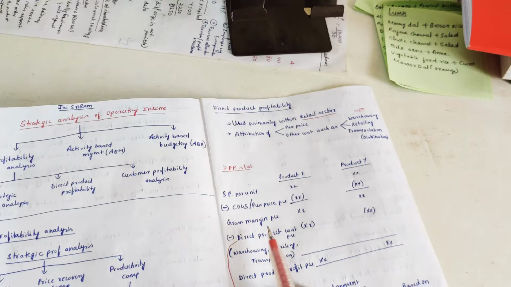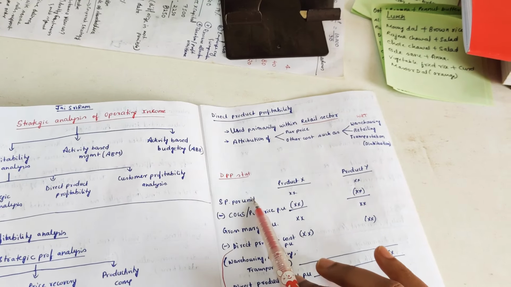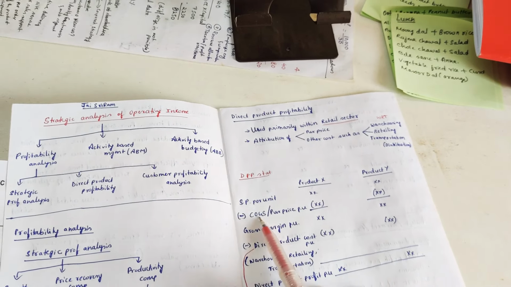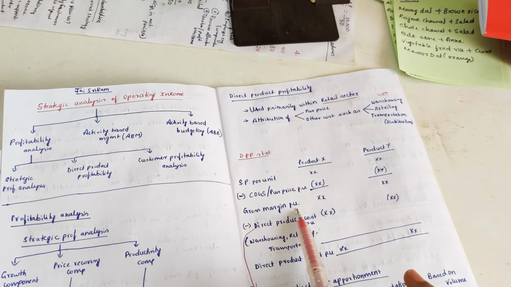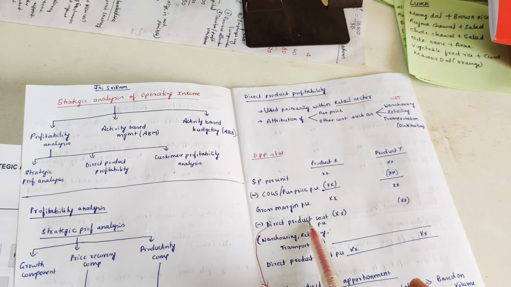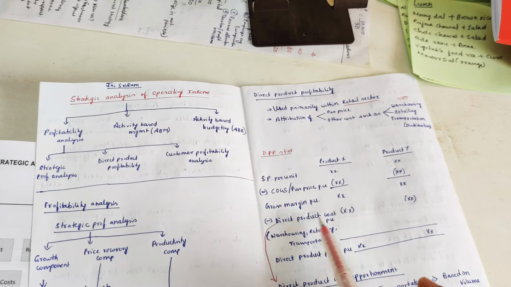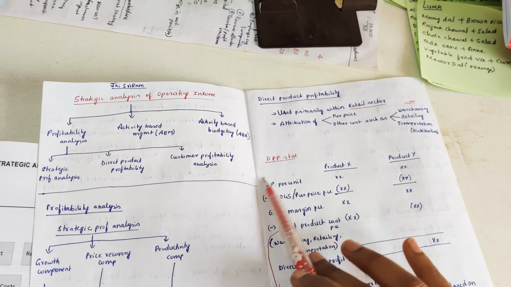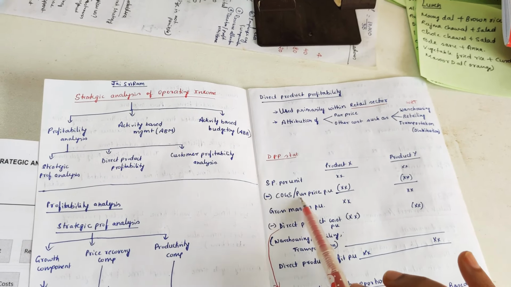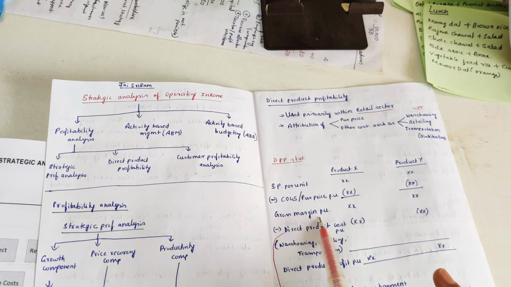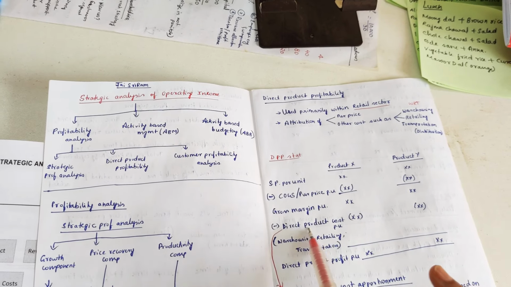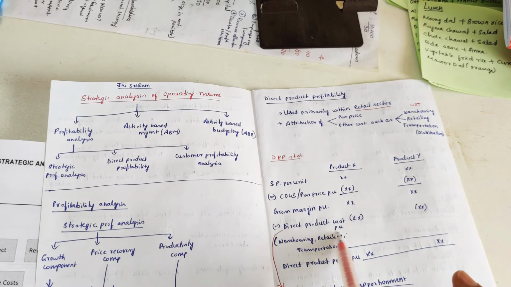DPP statement, how do we prepare that? Selling price per unit minus cost of goods sold gives you gross margin per unit, minus direct product cost per unit. Selling price minus cost of goods sold is nothing but the purchase price. So the gross margin per unit you got, minus direct product cost per unit.